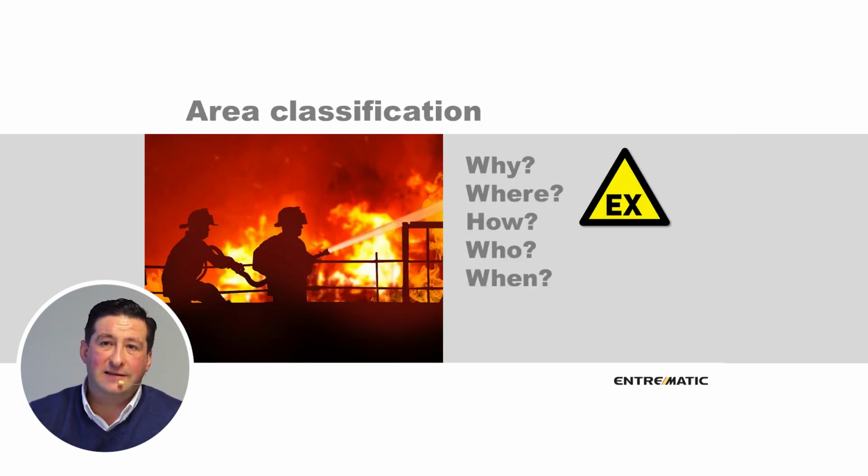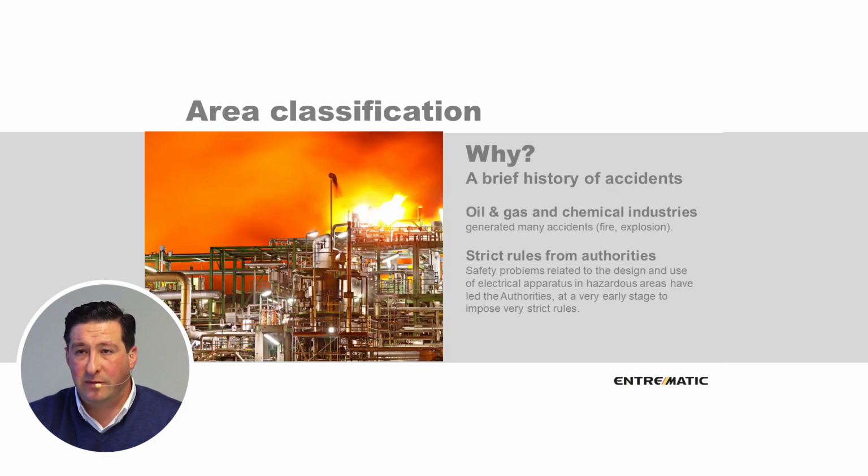Why do we need classification on ATEX and why did we get regulations from the authorities? This is because in the past there were a lot of incidents and accidents. Typical incidents and accidents were coming from the oil and gas industry, of course, but also from the chemical industries.